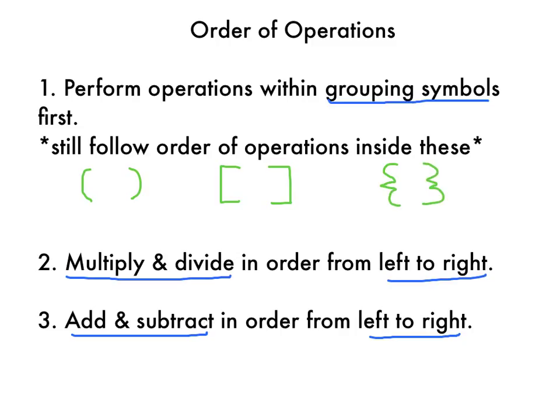Parentheses are the innermost, brackets are the next one, and braces are the outermost grouping symbol. Next, you need to multiply and divide in order from left to right. And finally, you need to add and subtract in order from left to right.